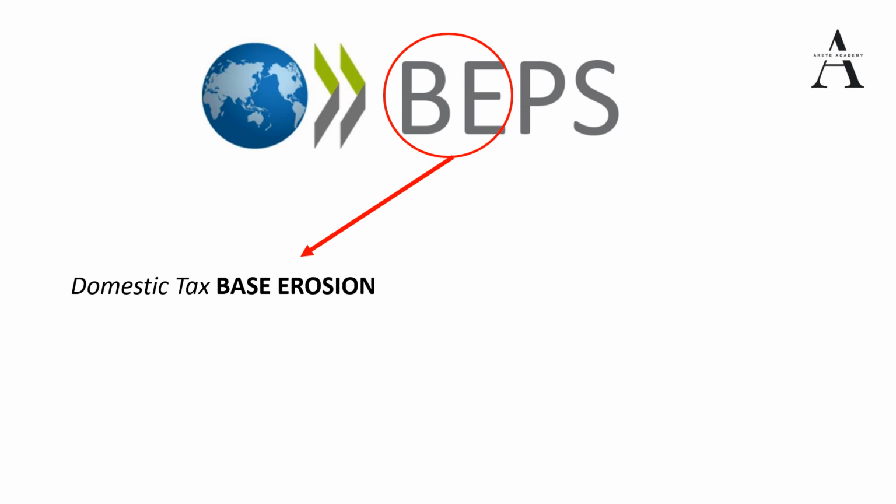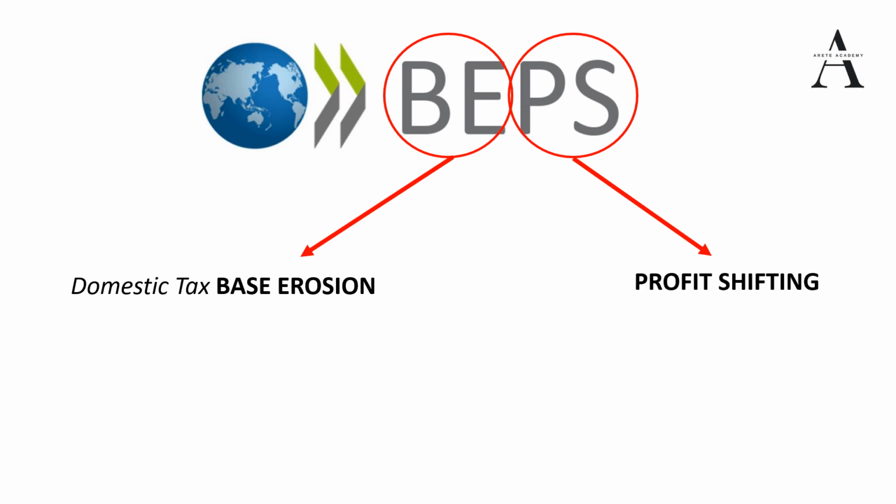It also includes PS, profit shifting, which means the practice of shifting taxable profits from high tax countries to low tax countries. For example, the transfer of ownership of intellectual property and its income from the US, a high tax country, to Bermuda, a low tax country. People are using this practice to evade taxes, and countries are losing out on it.